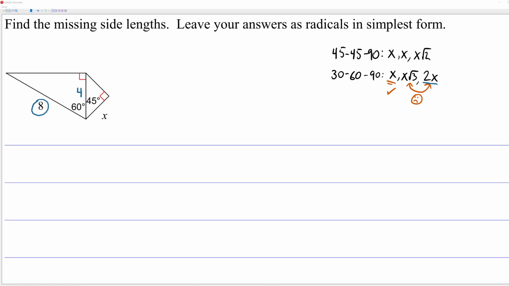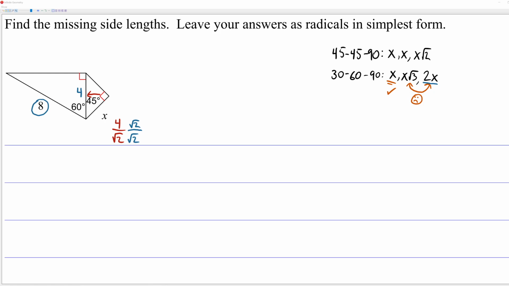So now, in the 45, 45, 90 triangle, the side labeled with 4 is the hypotenuse. To get from the hypotenuse to one of the legs, we divide by the square root of 2. So we have 4 divided by the square root of 2. Now this is a case where we have a square root in the bottom. We're at the end of the problem, so we want to fix this. The trick to rationalizing, if you'll remember, is you multiply by the square root of 2 in the top and the bottom.